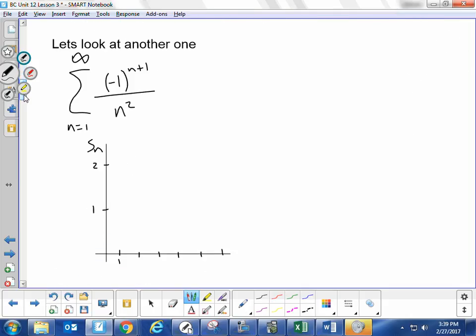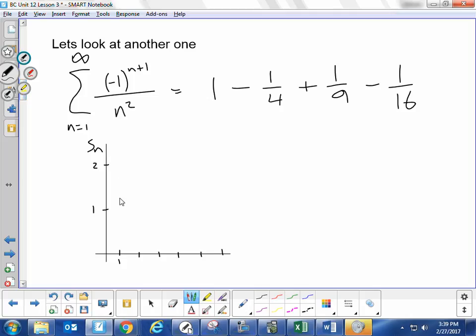Now, let's look at another one. Well, we know that we would be trending our terms towards 0. If I write out the terms, I'd have 1 minus, plug in 2, it's 1/4. Plug in 3, it's 1/9. Plug in 4, 1/16. We will find that the same thing occurs.